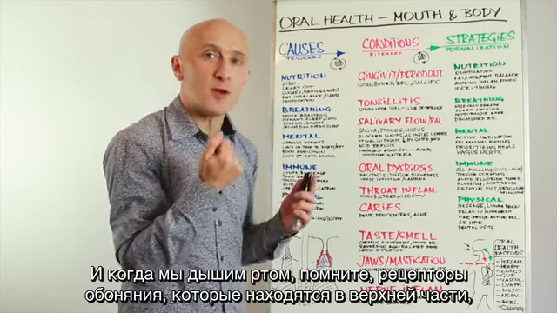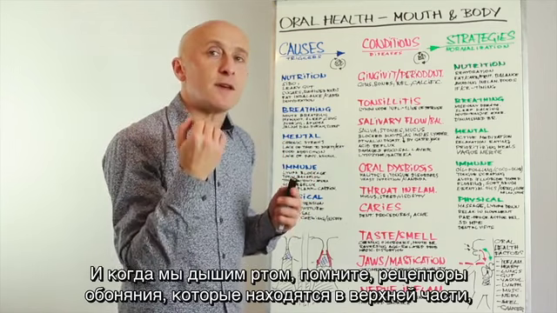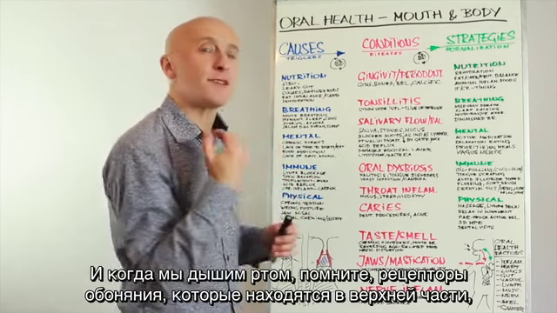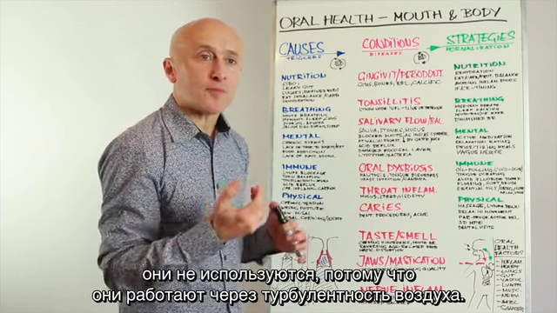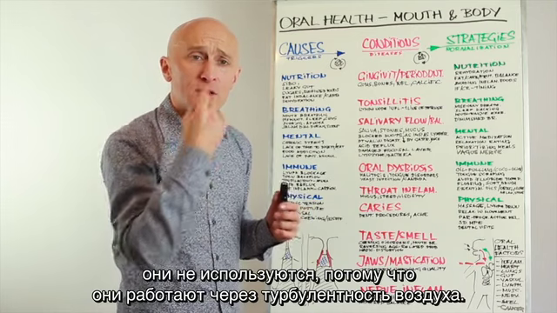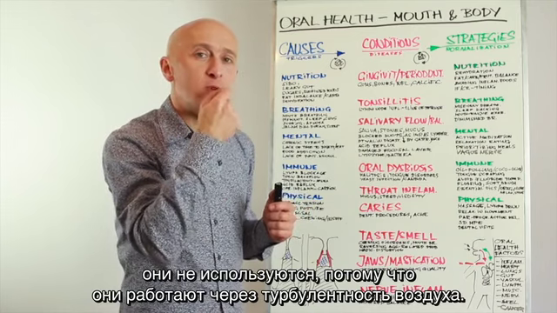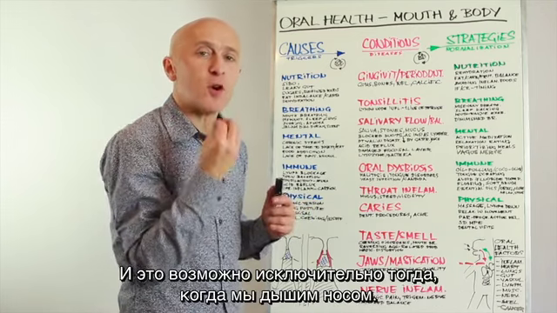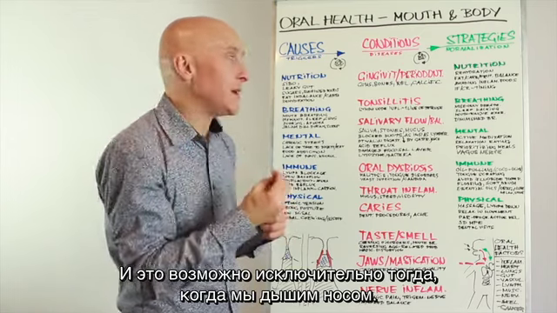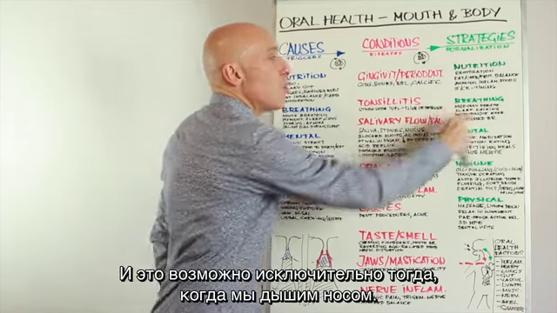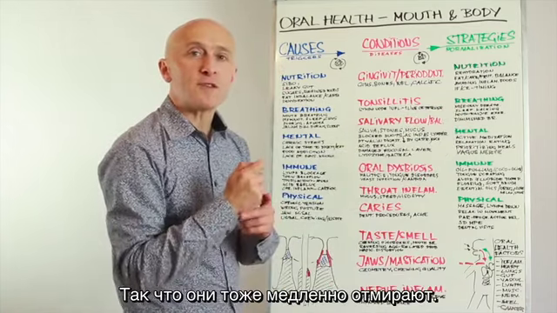And when we are mouth breathing, remember, the smell receptors up there are not used, because they have to be used with the turbinates. That is only possible when we are doing nasal breathing only. So they also die off.